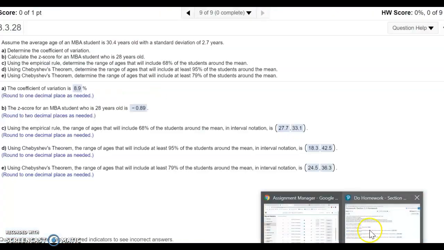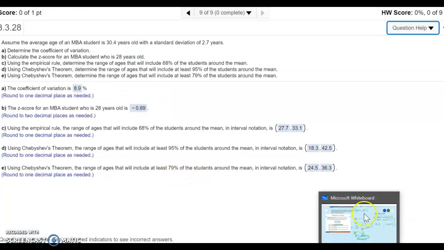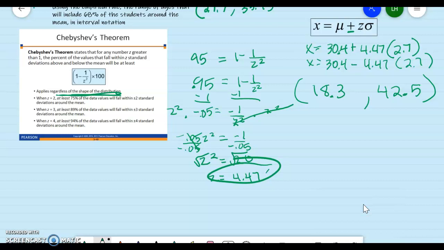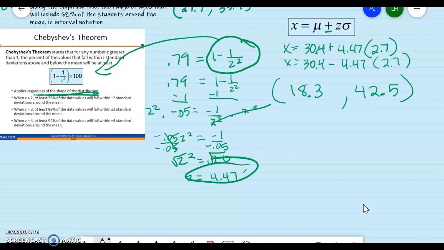Okay, and then the last one is, we're doing Chebyshev's theorem again, but we're doing 79%. So what you would do is put 0.79 into our formula, and remember, this is solved out so we can solve for z easier. So when you do 0.79 minus 1, you're going to get -0.21.